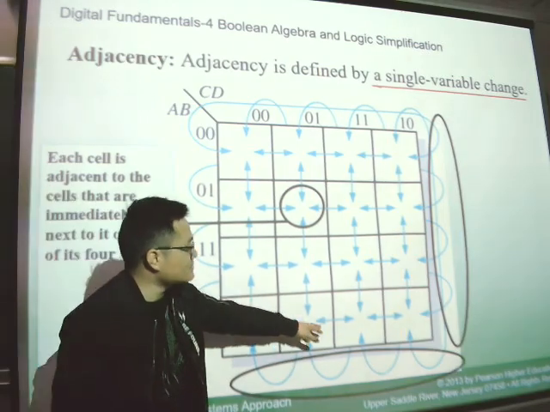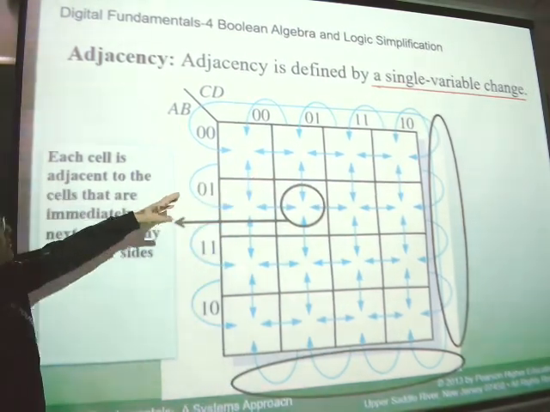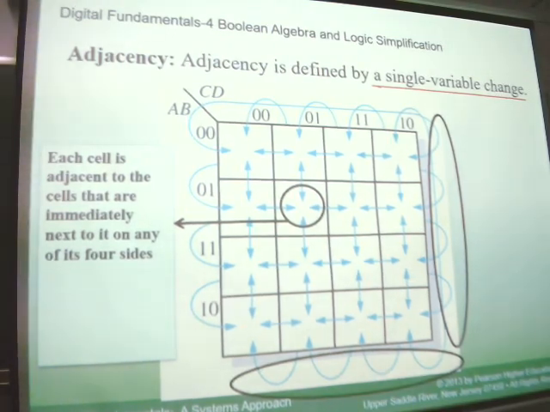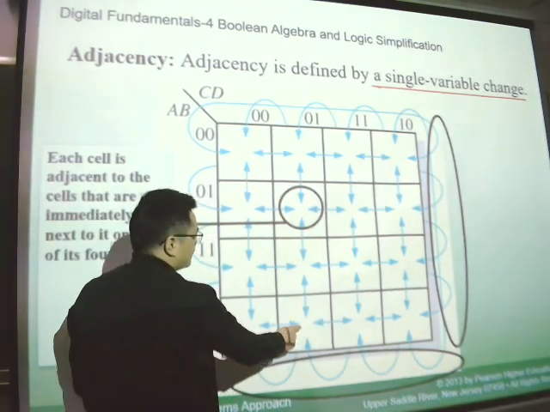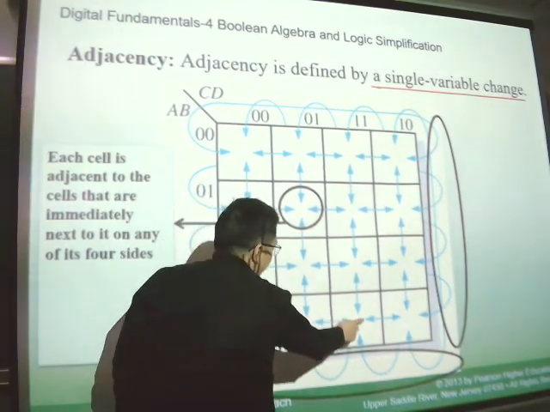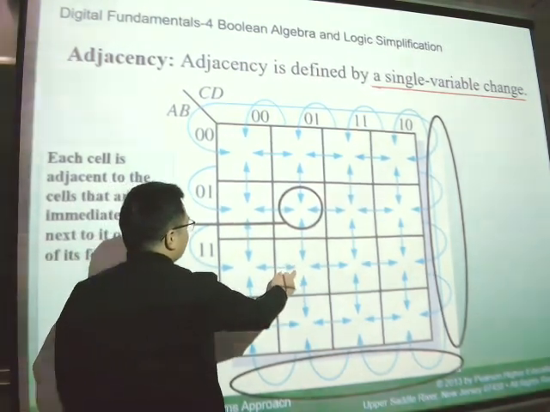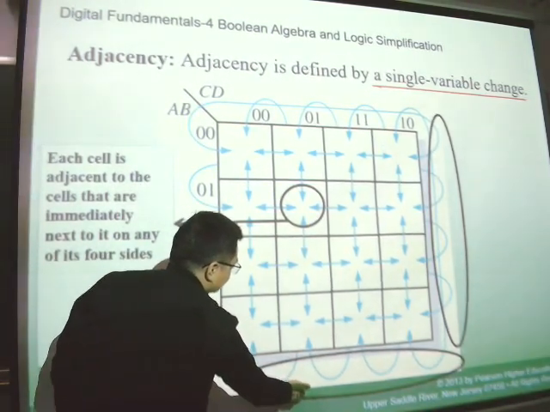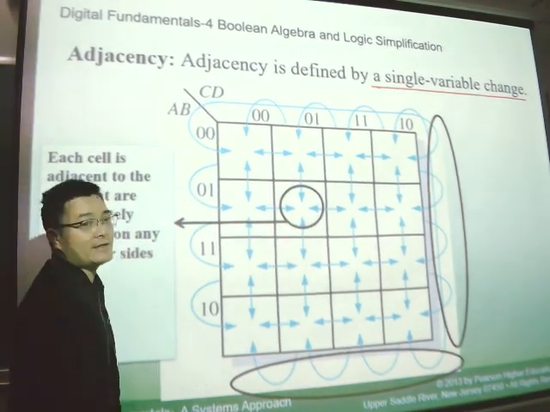For these cells and this cell, they are also adjacent. So for this cell, the east side, west side, north side, and the south side. The south side is this cell.